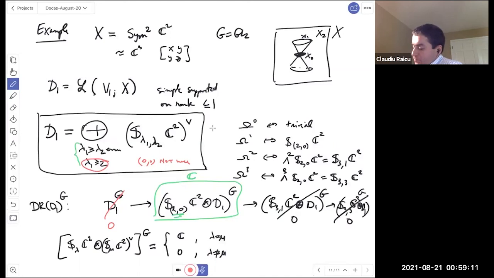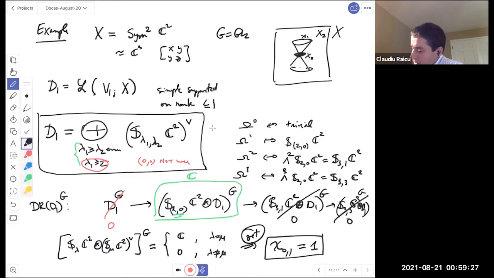And then you compute the Euler characteristic. What you get is that chi(0,1) is equal to 1. So again, let me emphasize this because I'm talking about rank at most 1 matrices, and I did a calculation of global de Rham cohomology, which corresponds to the stalk at 0.